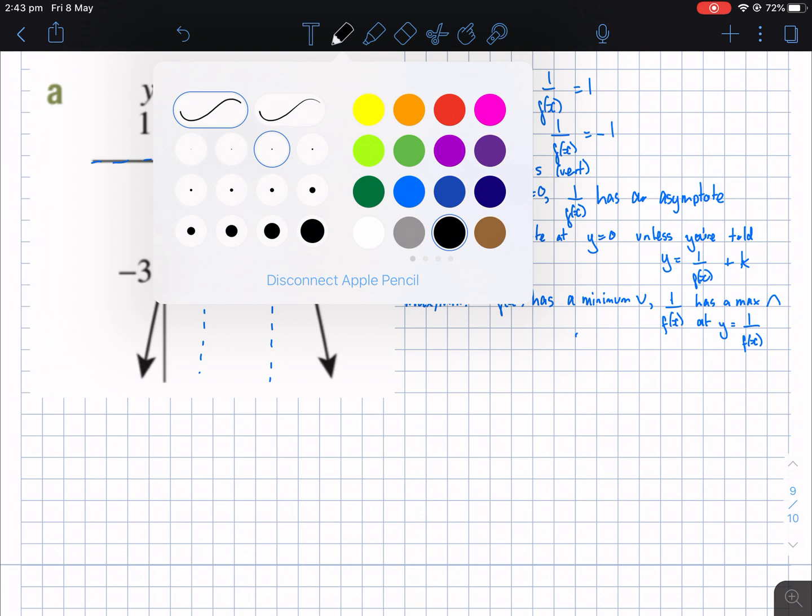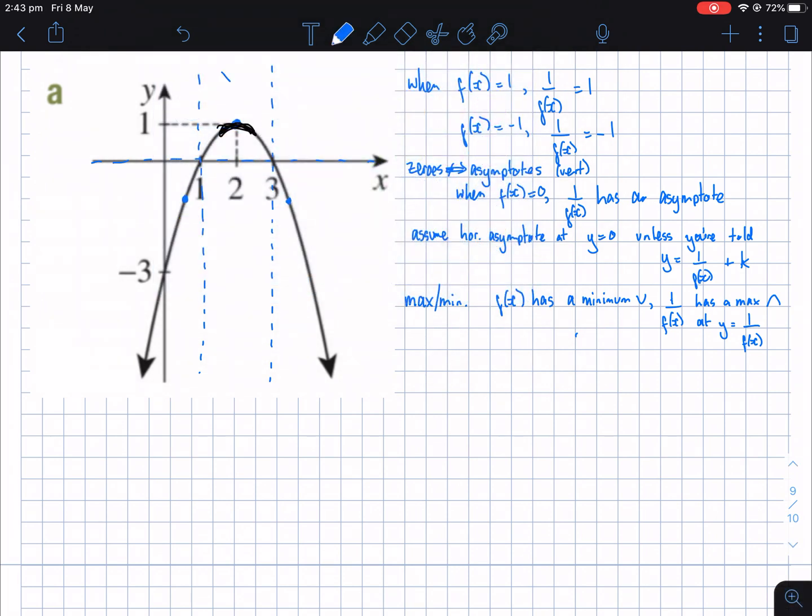So we're going to have a minimum at the same kind of point. We already know it goes through that point, but shh. So here, the max at 2, 1, so f of x has a max. 1 on f of x has min at 2, 1 on 1, which is the same point.